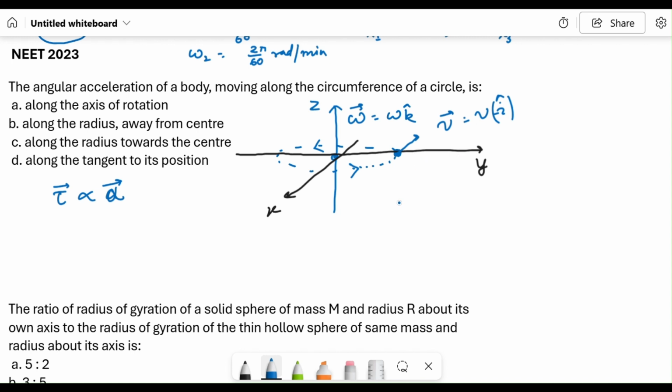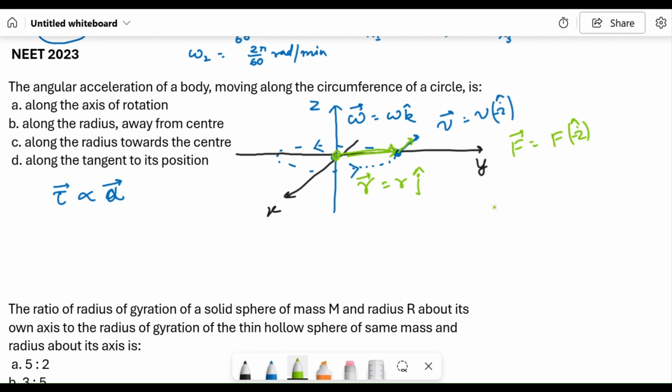Okay. If there is a force acting along the velocity, which will be tangential to the circumference, perpendicular to the position vector here, so in this case the force is along negative i cap. This is the position vector, let's say r, and this will be r j cap based on the standard notations for unit vectors along different axes.